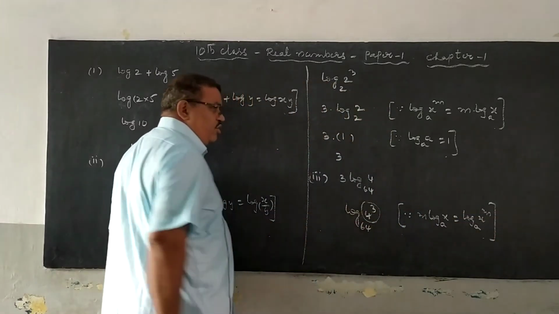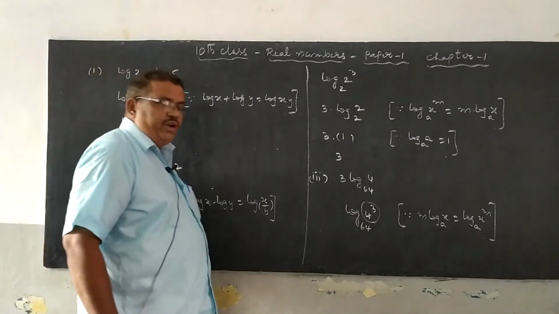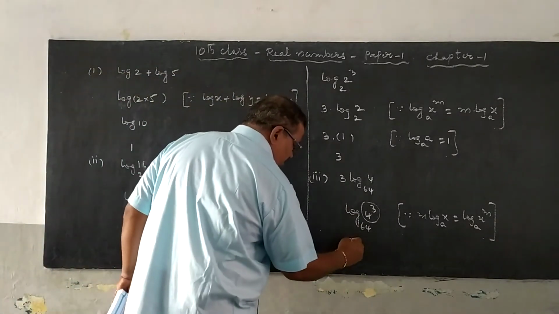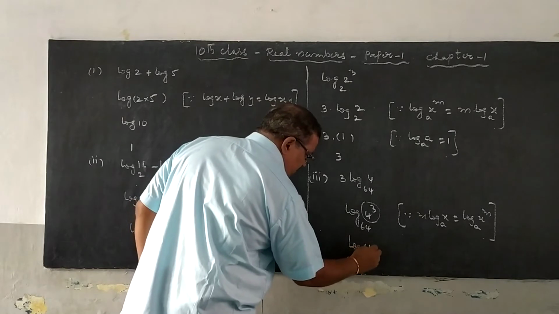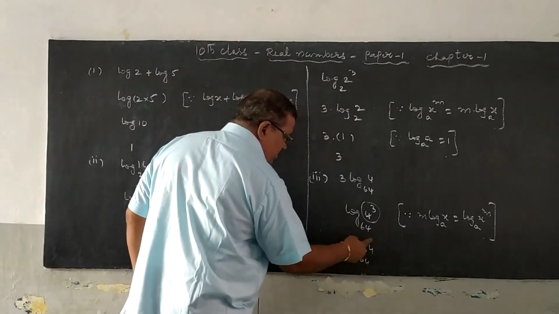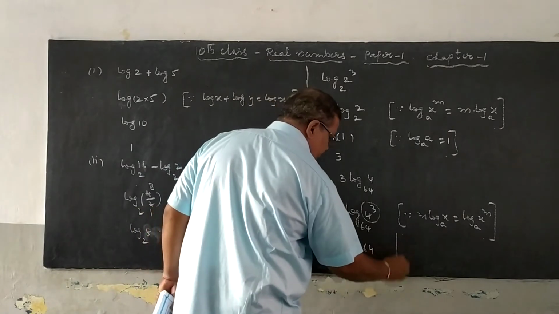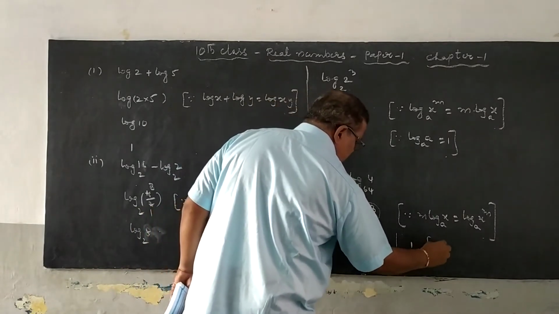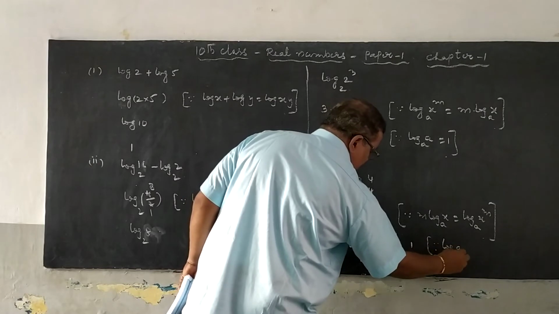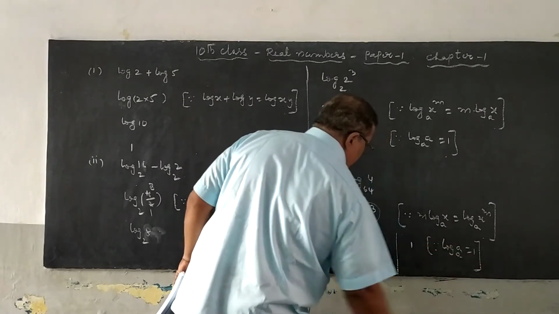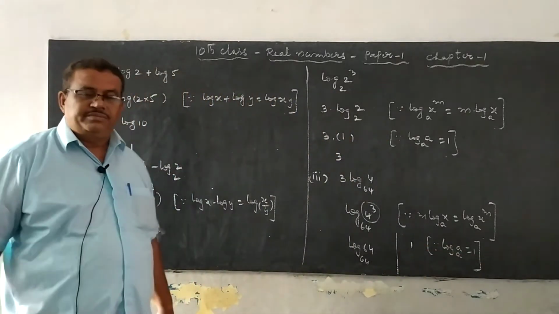Log 4 cube, you know that 4 cube value how much? 4 into 4 into 4, which is 64. So log 64 base 64. This entire value is equal to how much? 1. Since log a base a equals 1.